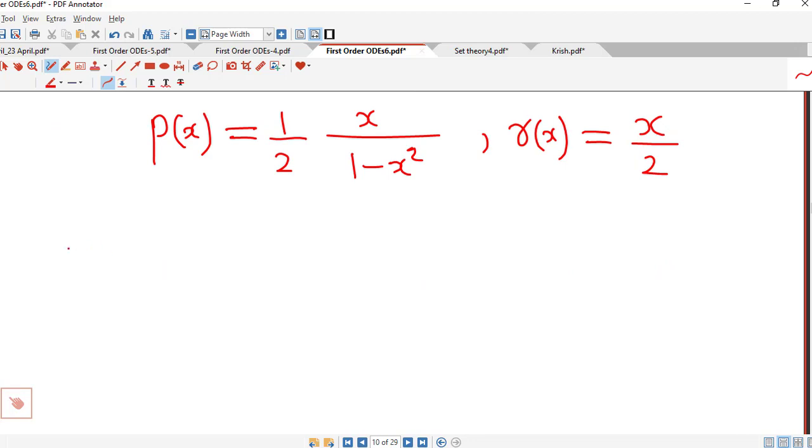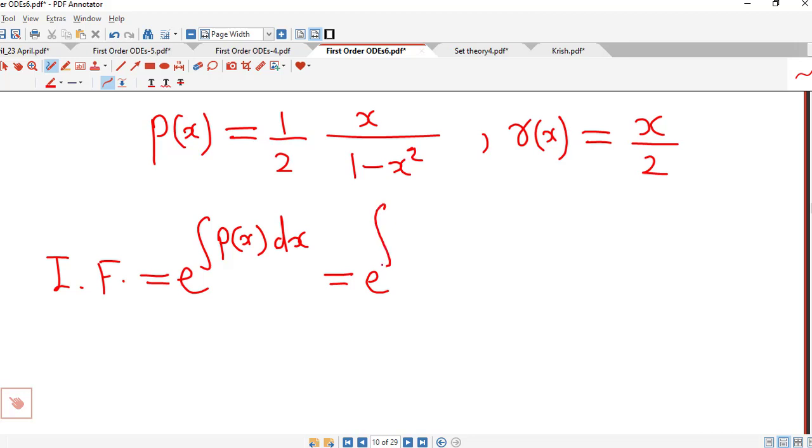Next step is to find out integrating factor. Integrating factor is given by e to the power integral of px with respect to x. So here px is, we can take 1/2 outside, x over 1 minus x square dx. Now to find out integral, we can set the derivative of 1 minus x square in the numerator.